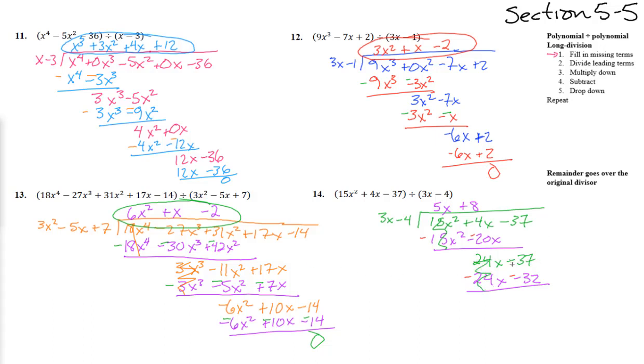And then negative 37 minus a minus 32 is negative 37 plus 32, which is negative 5. There's our remainder. So the remainder goes over the original divisor. The whole answer will be 5x plus 8 plus negative 5 over 3x minus 4. And shazam! There we have it.